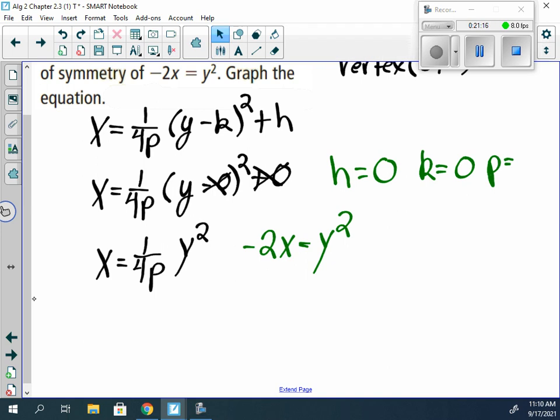So we need to get negative 2x equals y squared in the form x equals 1 over 4p y squared. We need the value of x by itself. So what can we do to both sides to get x by itself? Divide both sides by negative 2.